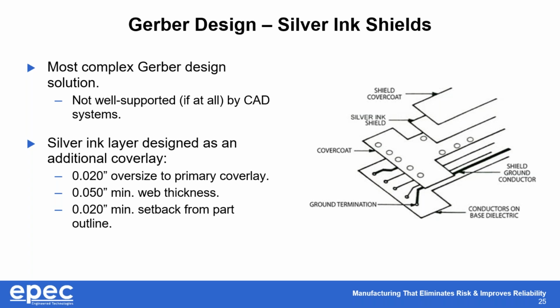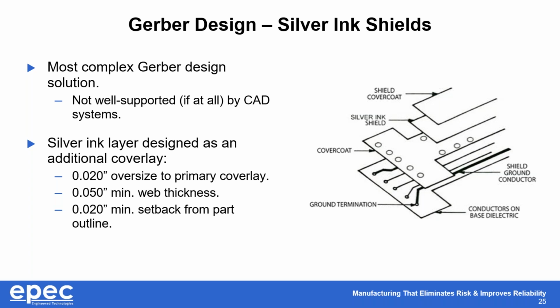Silver ink shields, Gerber design. This is by far the most complex of the 3. And I found over the years that it is not well supported, if at all, by CAD systems. The silver ink layer itself is designed essentially as an additional coverlay, but with some much larger tolerances and parameters.